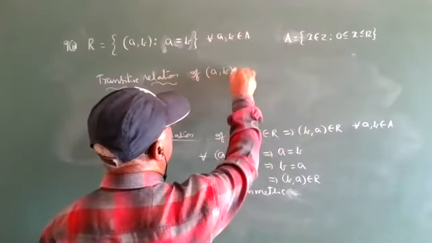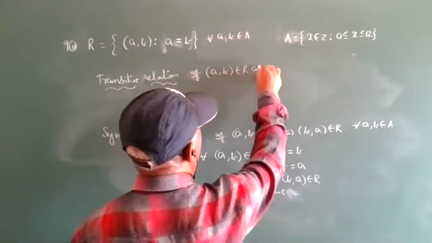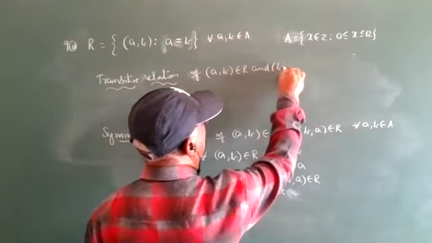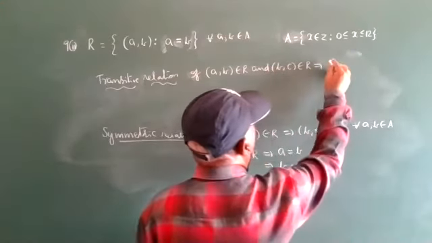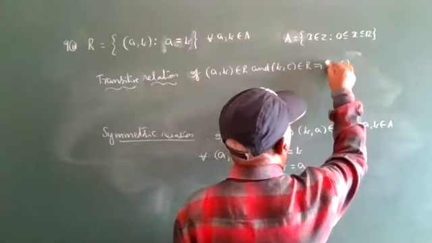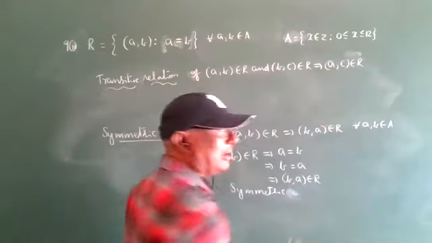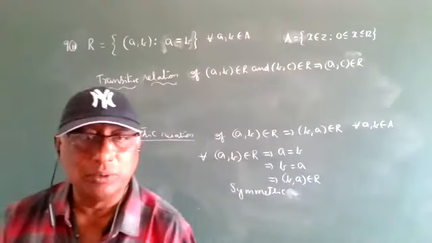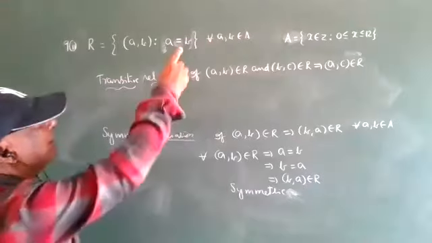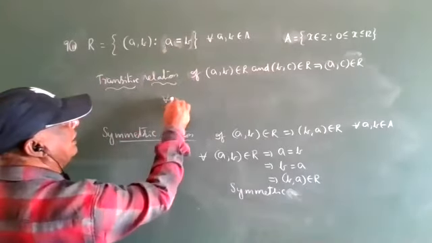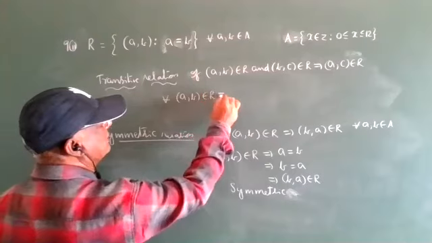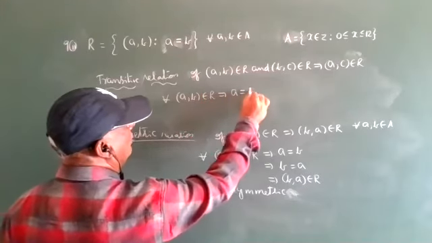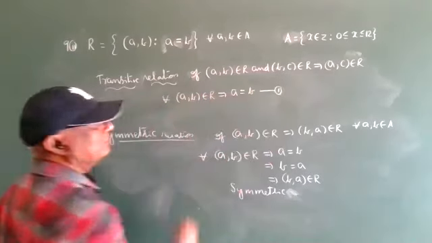A comma B belongs to R and B comma C belongs to R implies A comma C belongs to R. First we can prove it by the definition: A comma B belongs to R means A is equal to B, equation number 1.